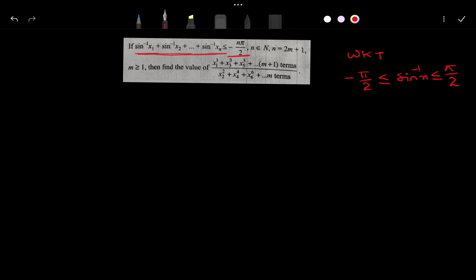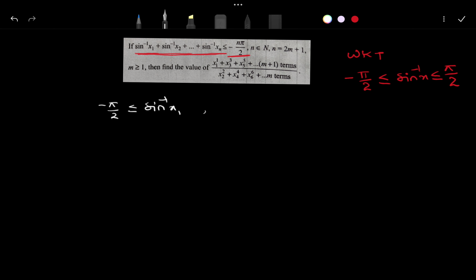So now here sine inverse x1 is greater than or equal to minus pi by 2, right?